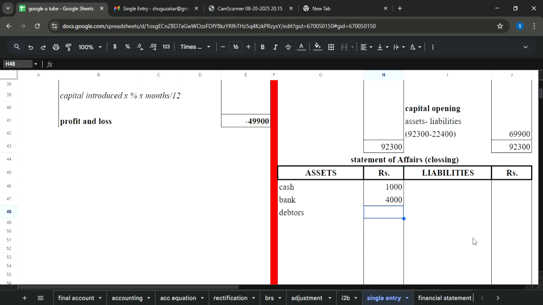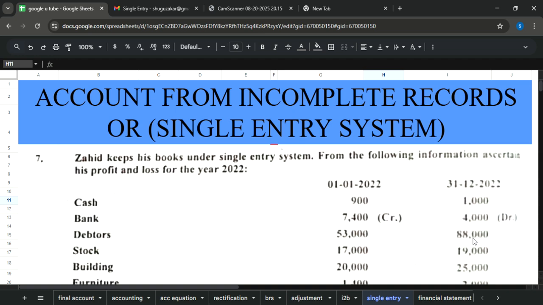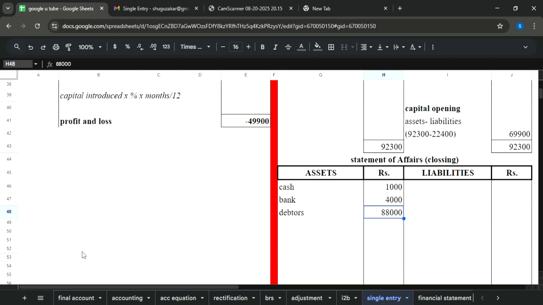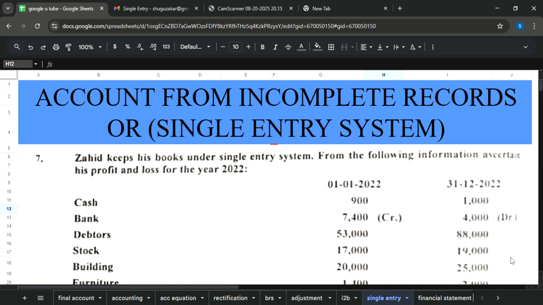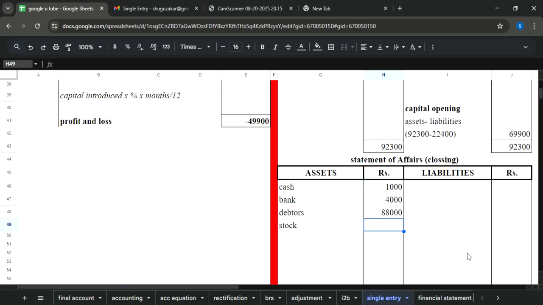So just write down 88,000 in current asset of the closing side. After debtors we have stock. So again the same, the closing asset side would be chosen. Stock amount present over here is 19,000. Just write down 19,000 in the asset side.